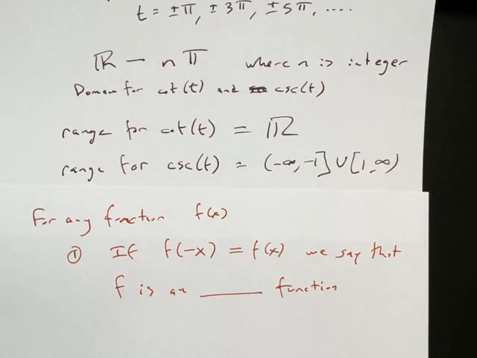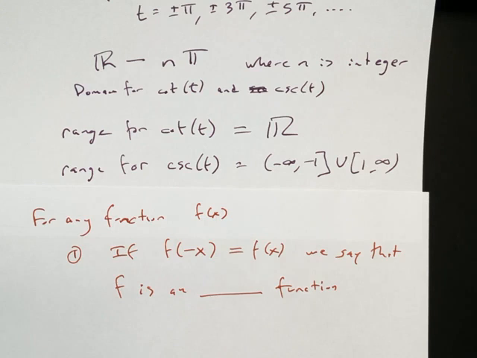This is a definition from a function, I think it's in chapter 2 of our textbook. What this says to me is something, I think we were talking about parabolas last semester when we talked about this.